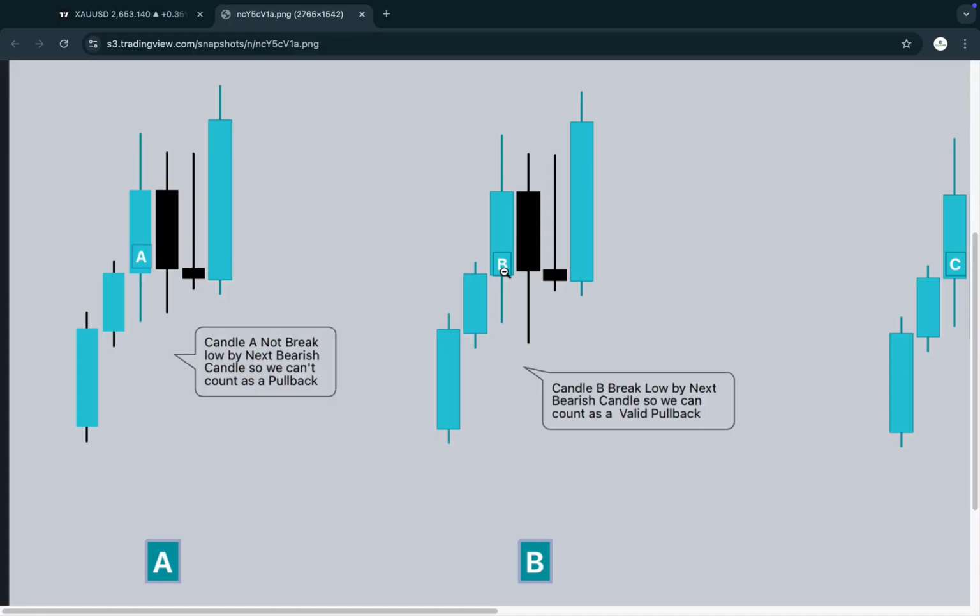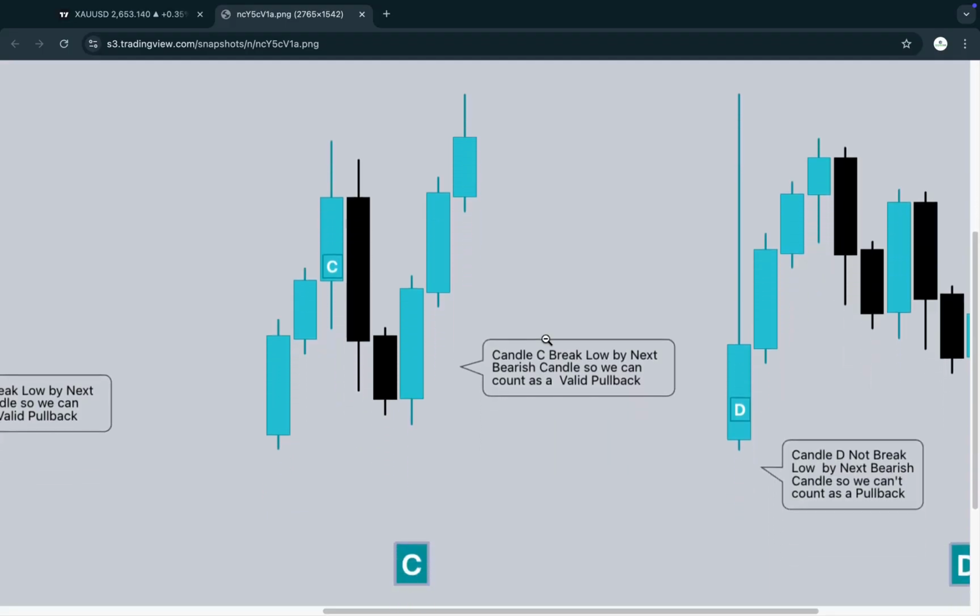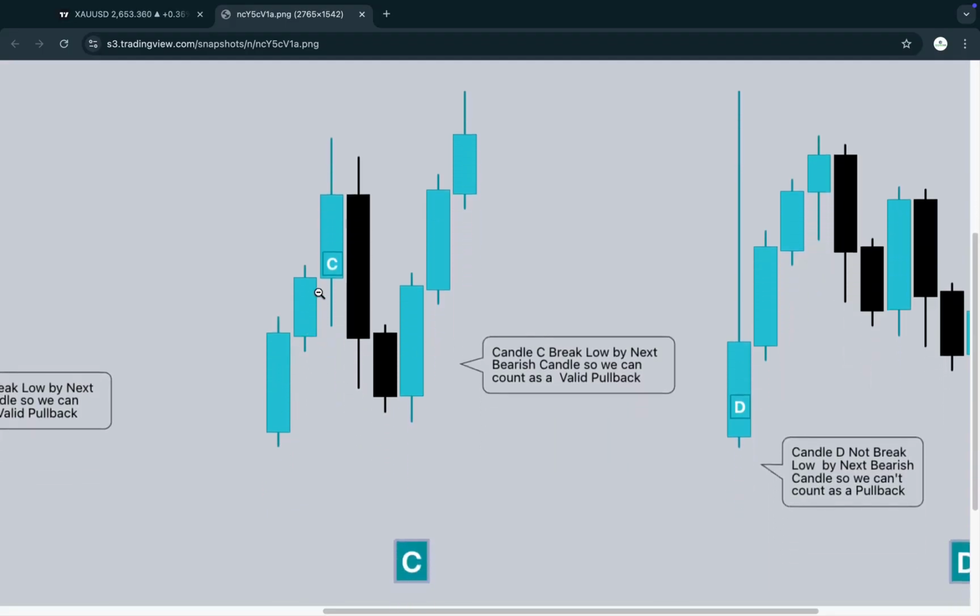Now let me show you a few more stories of how we can consider a valid pullback. In diagram C, the market continues pushing higher highs and creates 3 continuous bullish candlesticks. After that, this black candle breaks the previous candle low, and the next black candle also breaks the new low. It means the market moves a little downside, or you can call it a deeper pullback, and after that the market again continues to make higher highs, so we can also count this as a valid pullback.